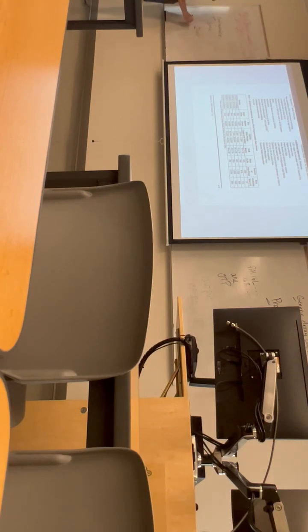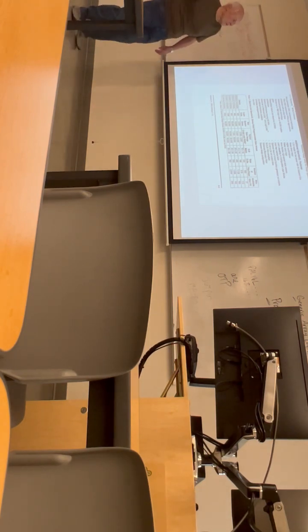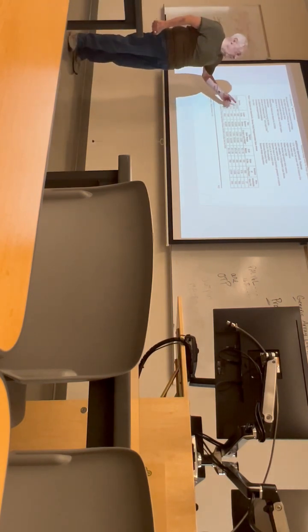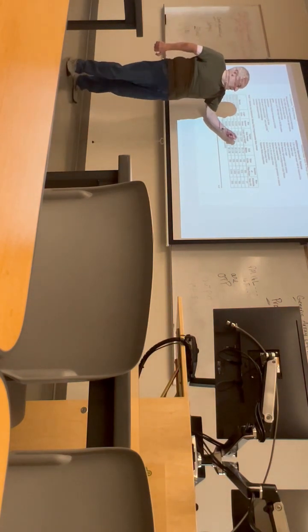CLB, configurable logic block. So in the XCS05, the configurable logic block matrix has got 10 rows and 10 columns.